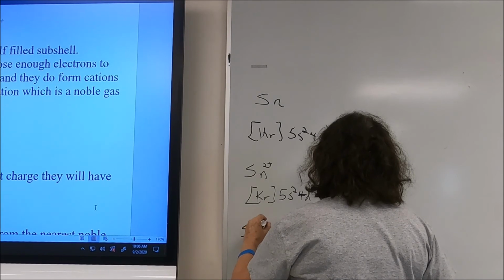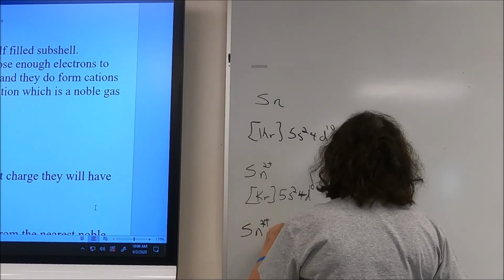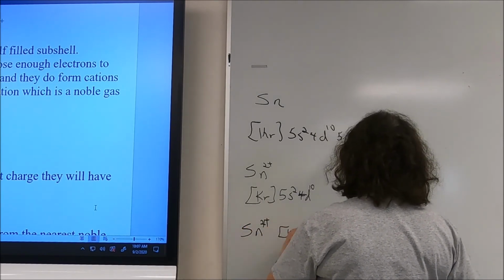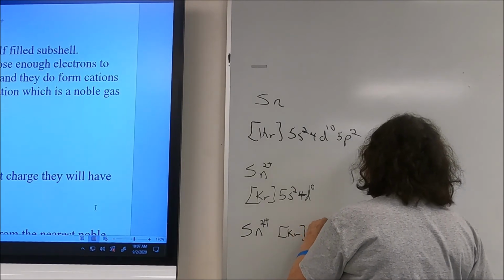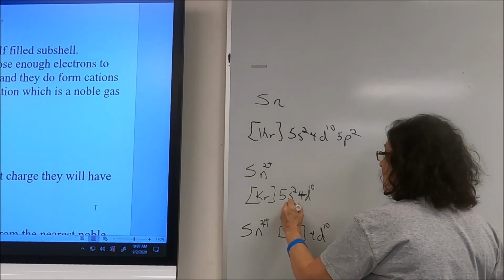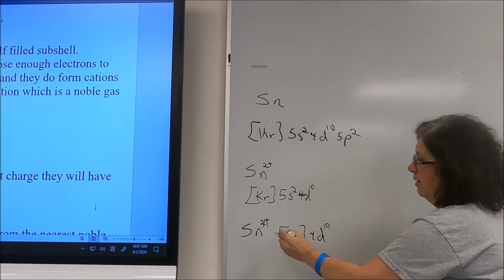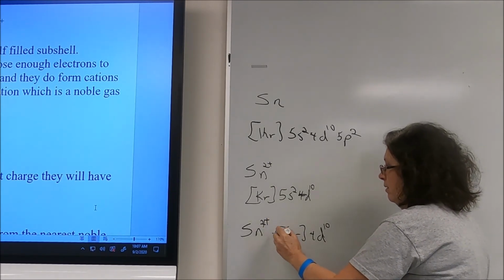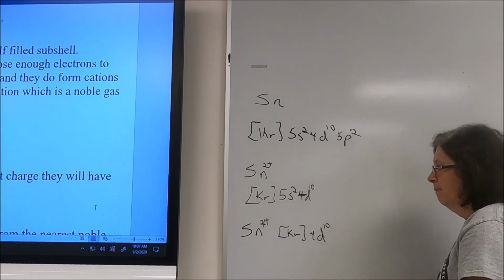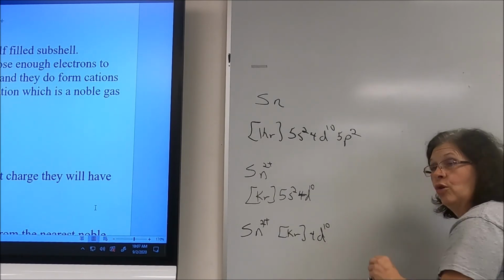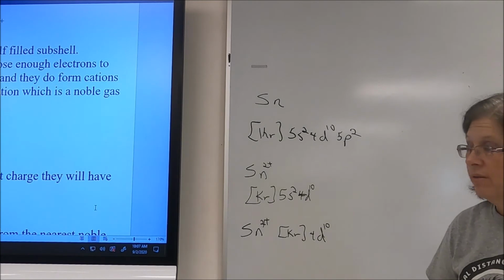Tin can also form a 4+ ion, which is krypton, 4d10. We lost the 5s electrons. Okay? Tin 4+ ion. And this again is a pseudo-noble gas configuration.